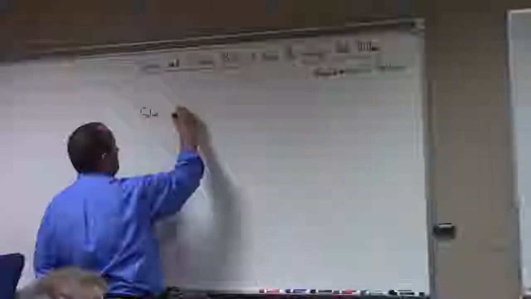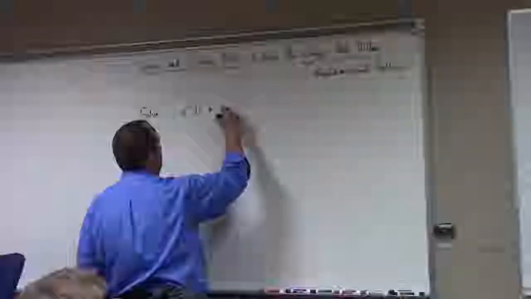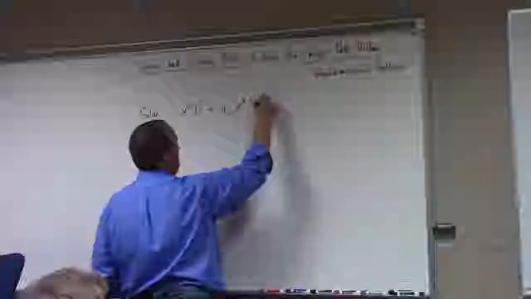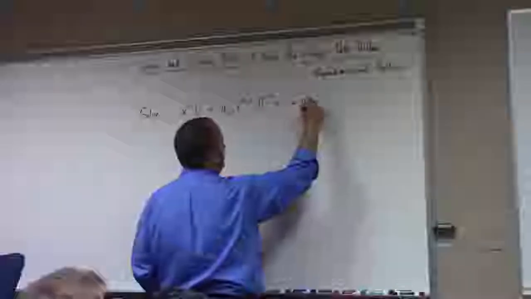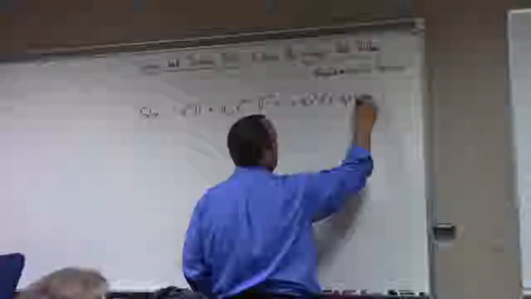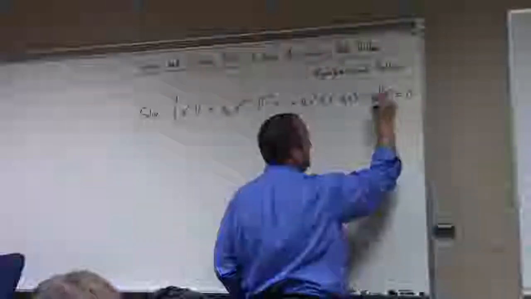Solve, let's say, x to the n, d to the n, plus a_{n-1} x to the n minus 1, d to the n minus 1, plus and so on, plus a2 x squared d squared, plus a1 x d, plus a naught, this differential operator acting on y equal to 0.